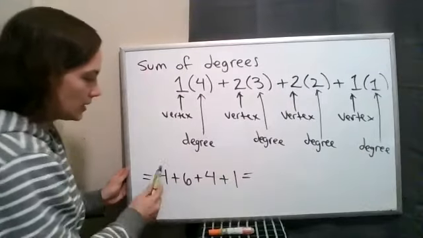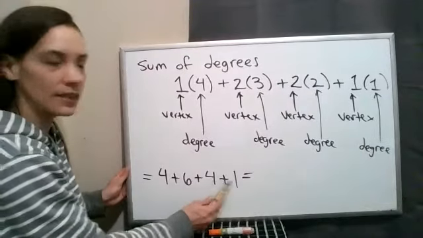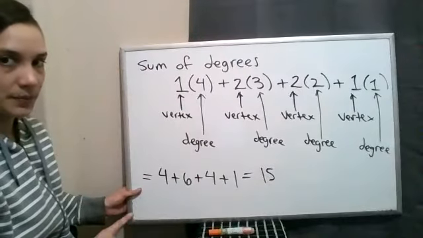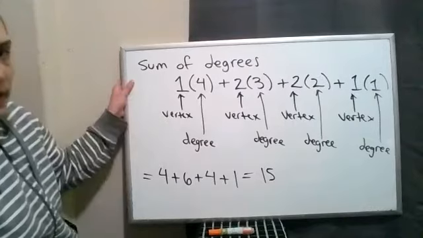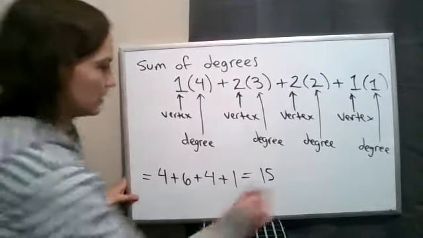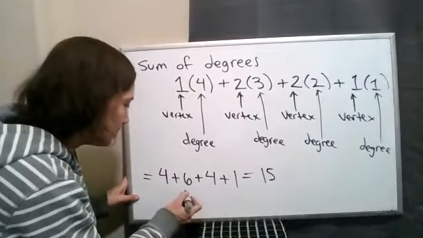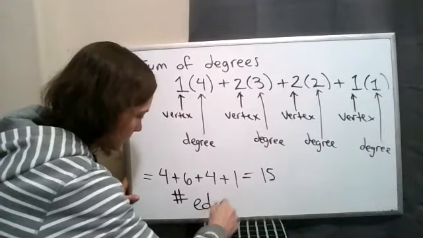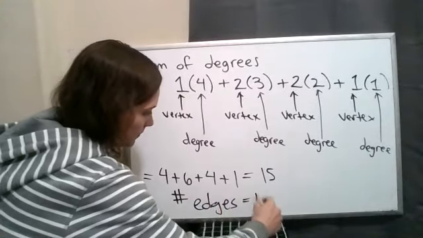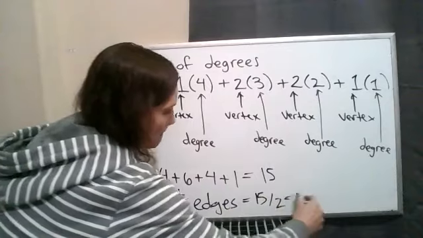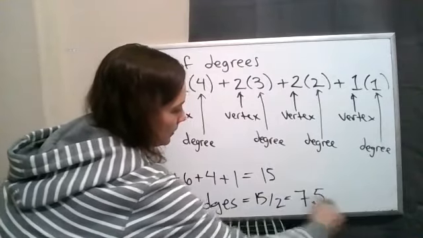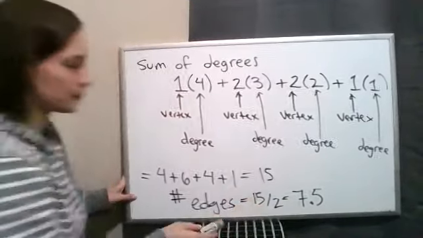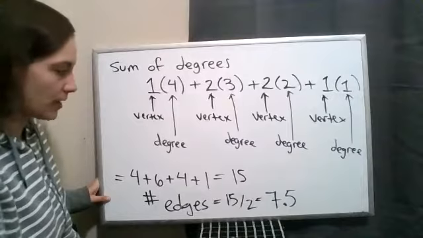That would be 10 plus 4 is 14, 15. And then take 15 and divide by 2. So the number of edges. 7.5. Okay, and then there's a problem with that 0.5.